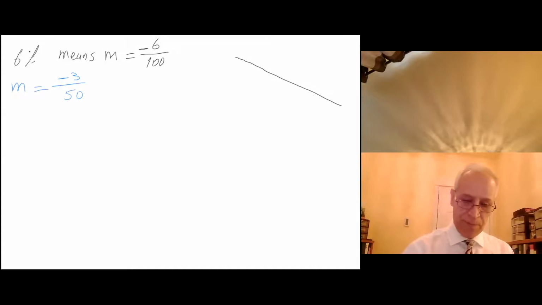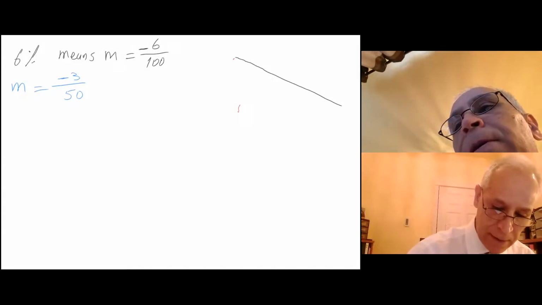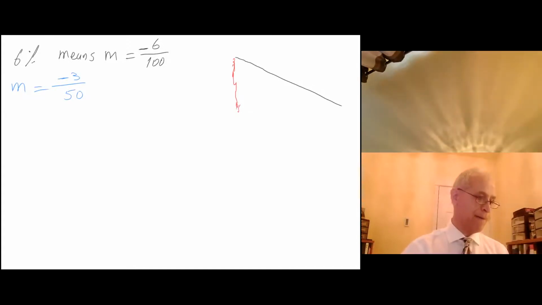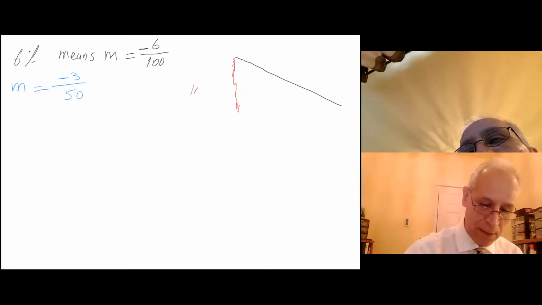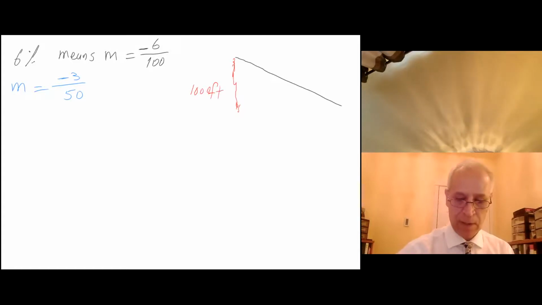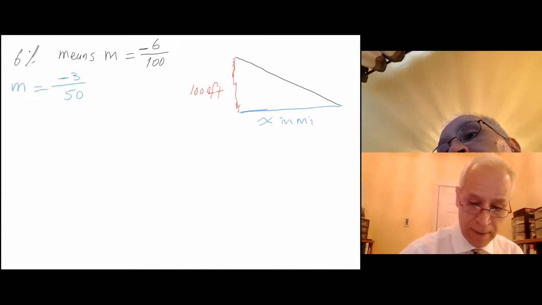Somehow in this problem, you notice that the vertical distance that you have gone down is 1,000 feet. So this is 1,000 feet. And the question is asking us to find this horizontal distance x in miles.